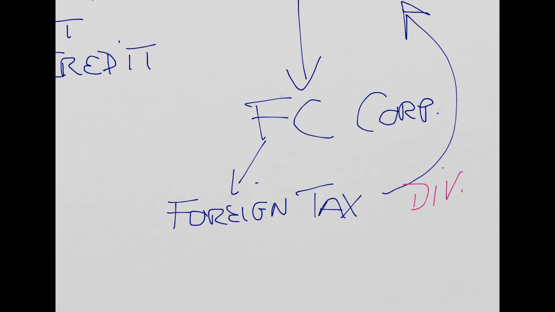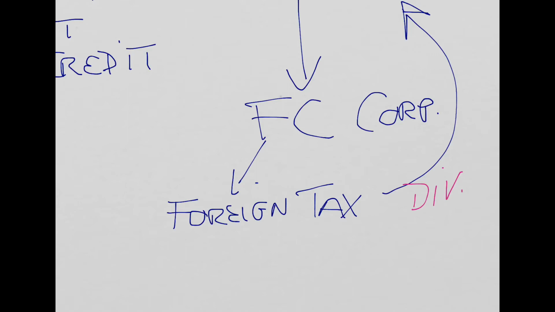It could be zero tax for dividends paid out of the foreign corporations that exist there. It could be a low tax bracket just because of the tax treaty between the foreign country and the U.S. So again, when the foreign corporation, FC Corp, pays the dividend, there may actually not even be a tax on that under the foreign country's tax rules.